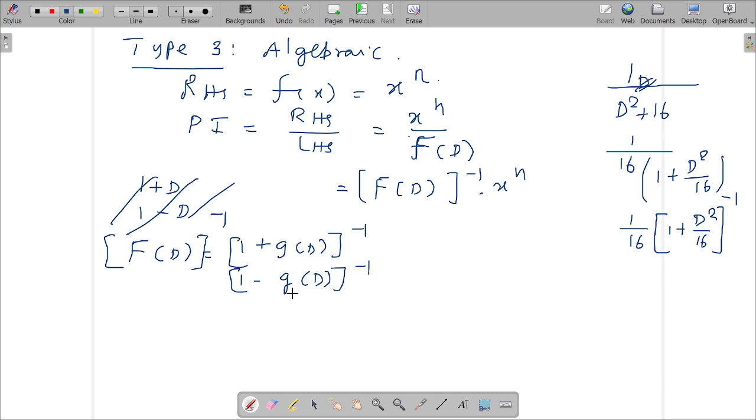You know the binomial expansion formula. I don't know how many of you know that formula. 1 plus x power minus 1, anybody? 1 minus x power minus 1. Only two formulas. What is 1 plus x power minus 1, and 1 minus x power minus 1?